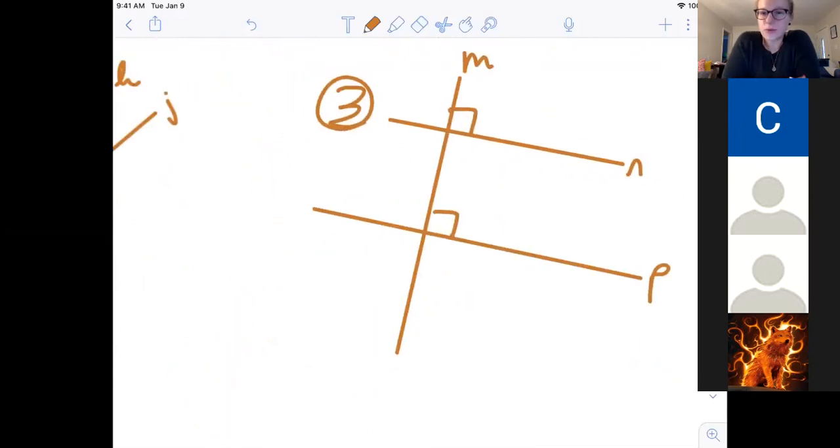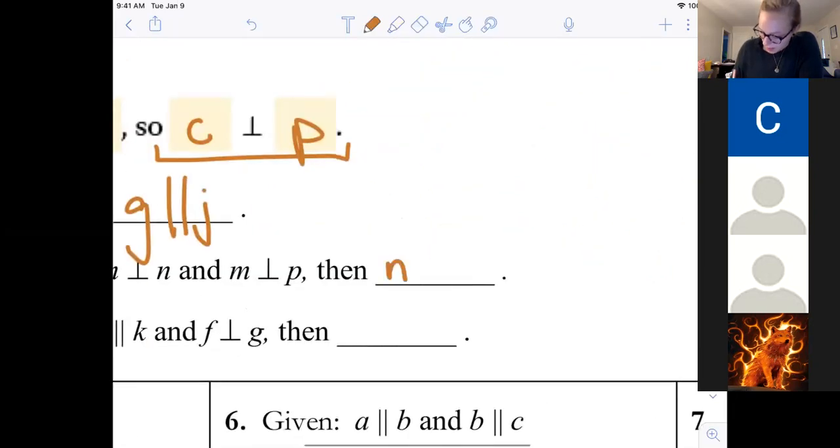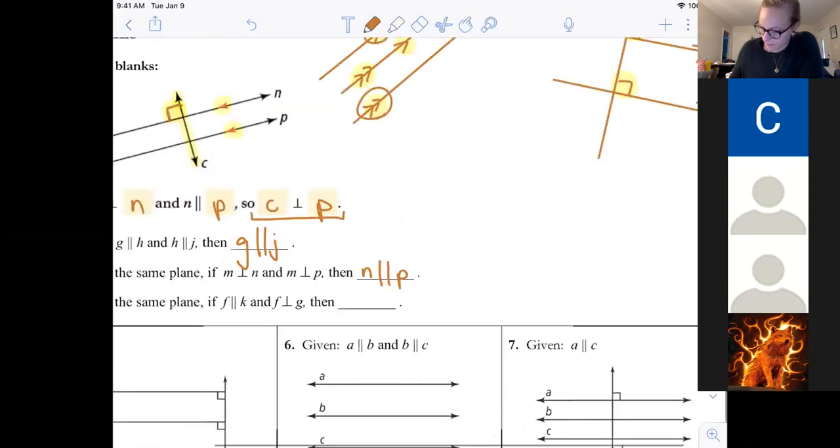Those are the two things we know. What is the third thing we know from here? N is parallel to P. Perfect. Very good.